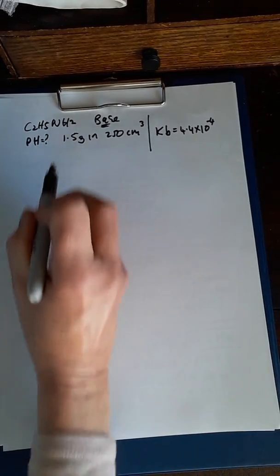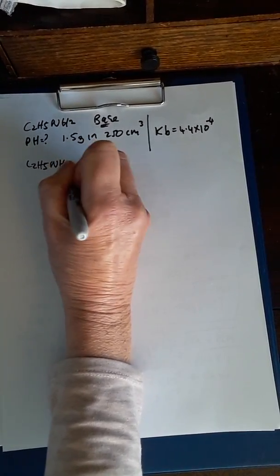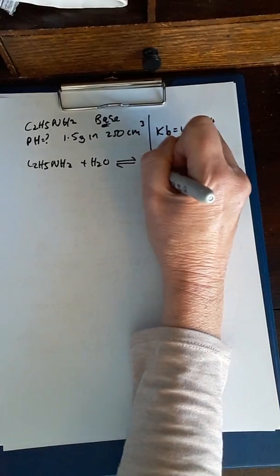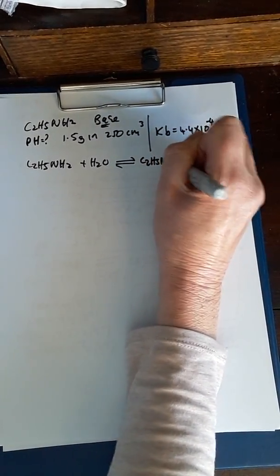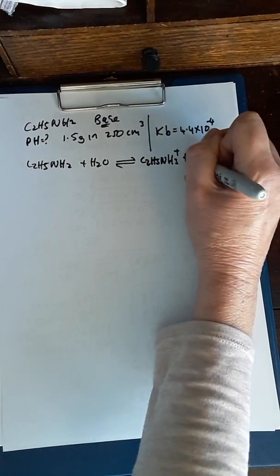Okay. So, if it's a base, let's write what happens to it when you place it in water. So it's C2H5NH2. If you put it in water, it's going to accept a proton. So it's going to become C2H5NH3 plus OH minus. Okay, so I'm just writing the dissociation down.